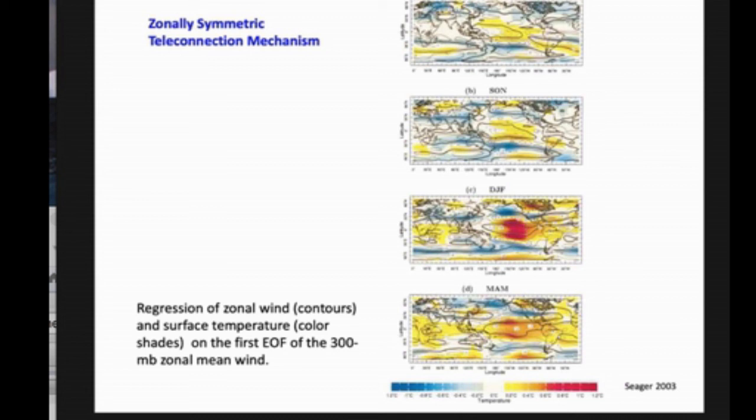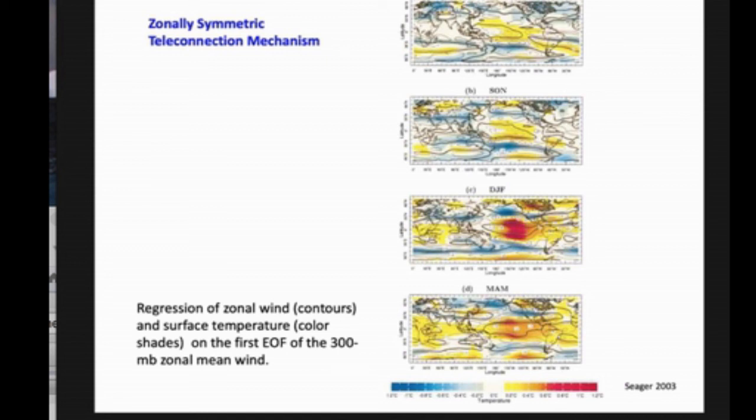Richard Seager's paper in 2003 has a really good example. He took the zonal wind at 300 millibar, computed the first EOF that picks out the major westerlies and trade winds, and regressed the zonal wind and surface temperature on this first EOF. That comes out for 3 or 4 seasons. And you will see the color is the SST response to these zonal wind structures.